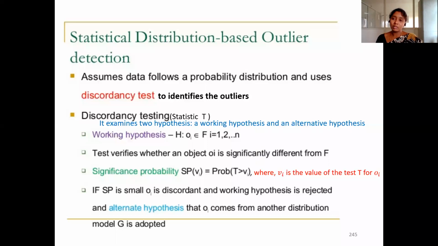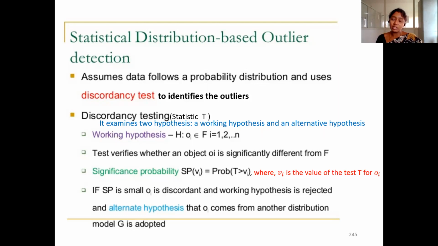The working hypothesis assumes that initially all the data belong to some probability distribution. For this, we need to know the distribution of the dataset and also parameters like mean, median, standard deviation, and variance.